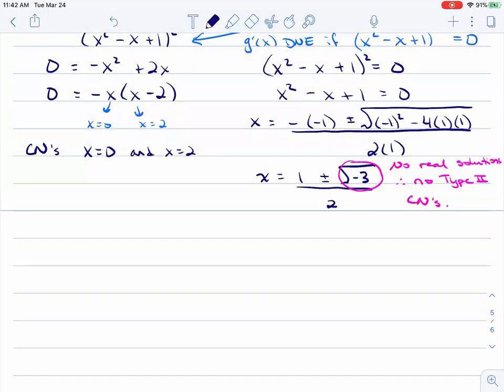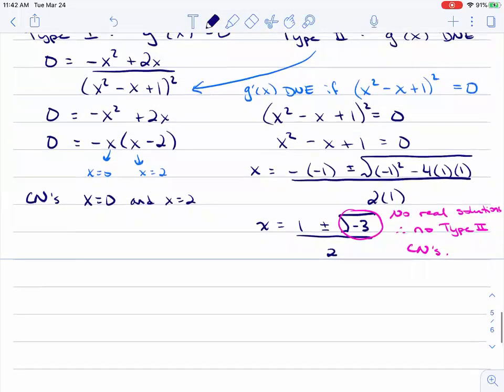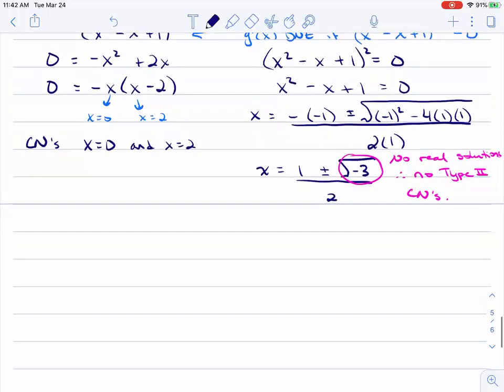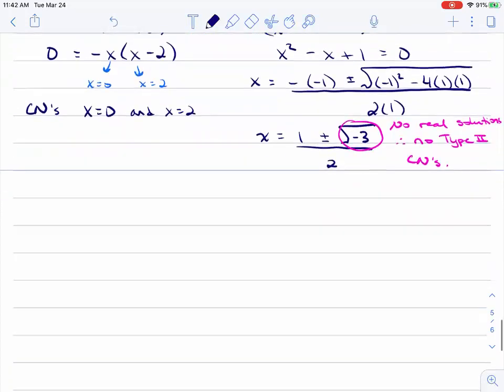So our critical numbers, the ones that we were able to find, are just x equals 0 and x equals 2, right? There are no type 2 critical numbers, so these are our only critical numbers. Nice. Just make sure I'm not missing a chat or anything. Okay. I'll just head down here. All right.